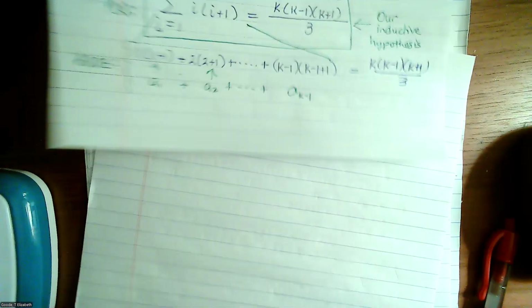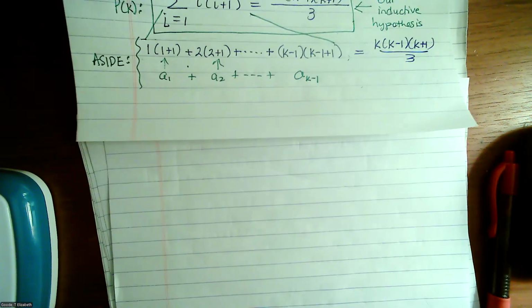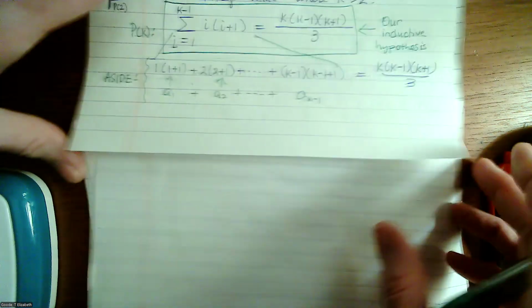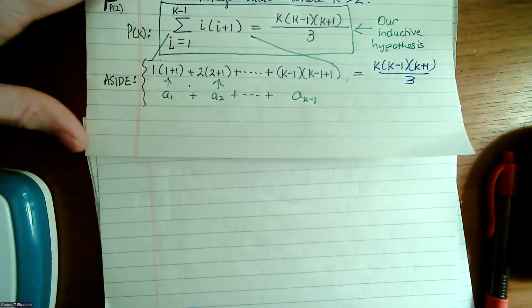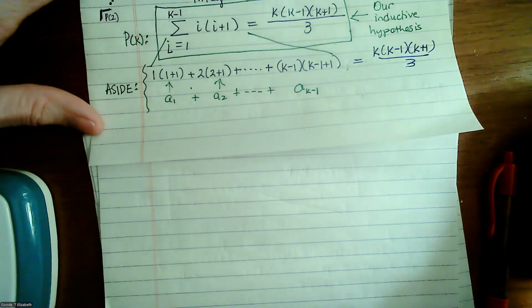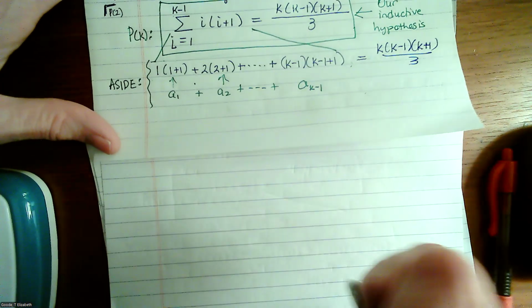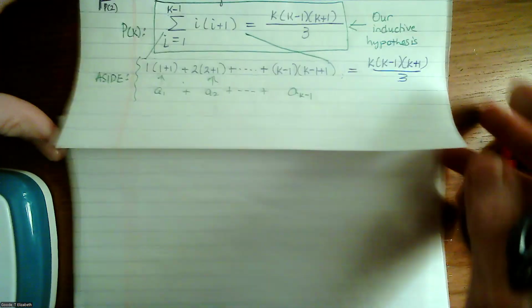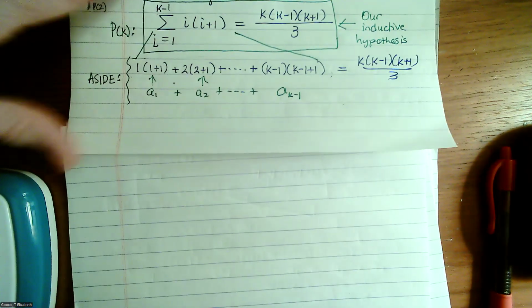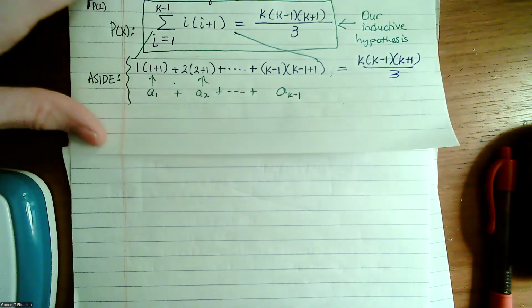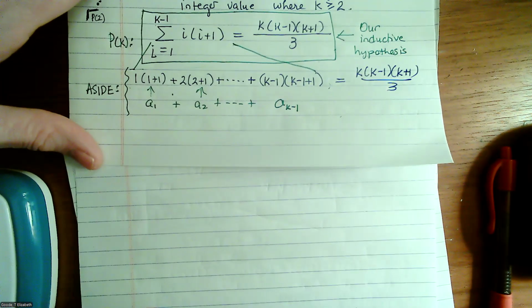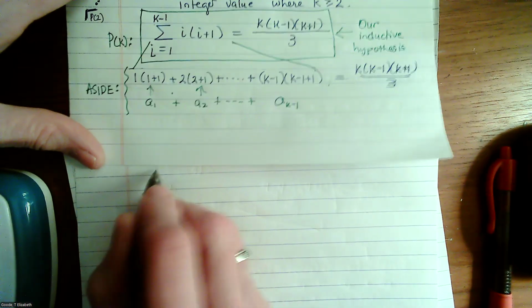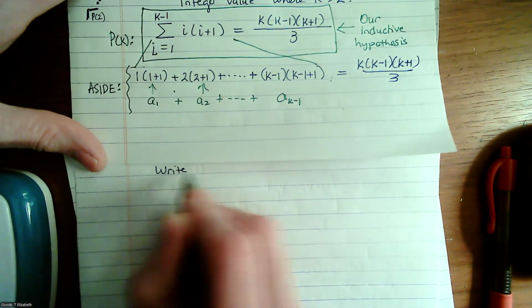Let's go ahead and write P of K plus 1. Let's make sure we at least know what we wish, because if we don't know what we wish, there's no way we can prove it. Let's write P of K plus 1. Would the subtext for the summation be I equals 1 summation K plus 1 minus 1?